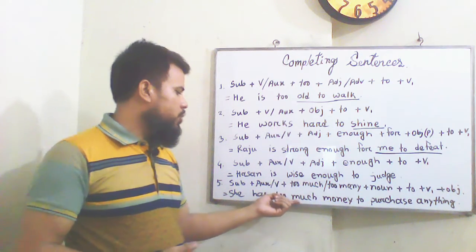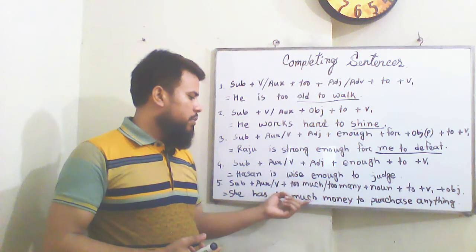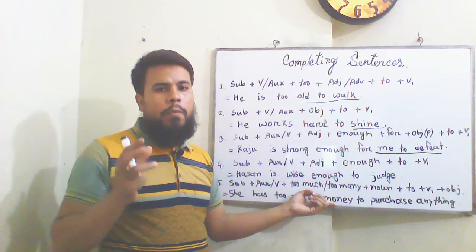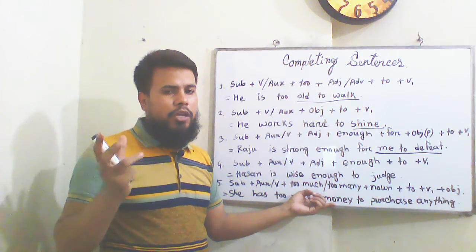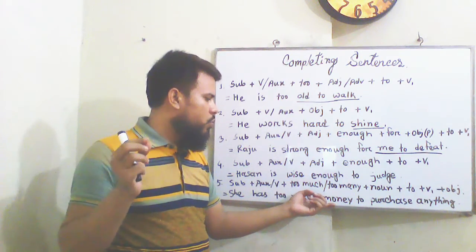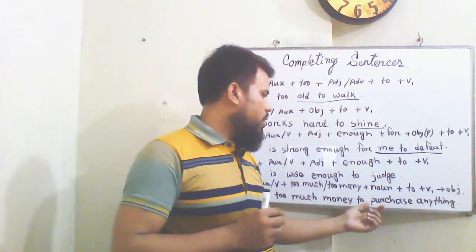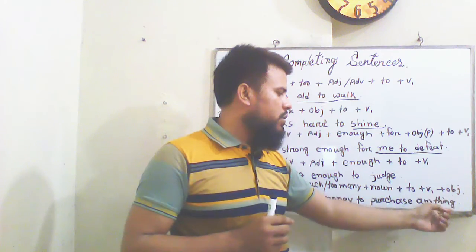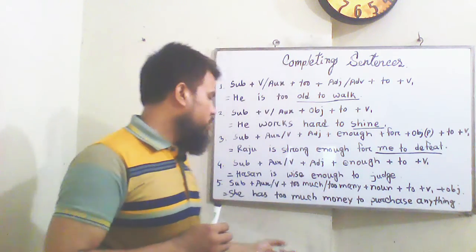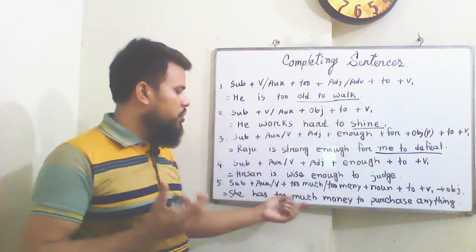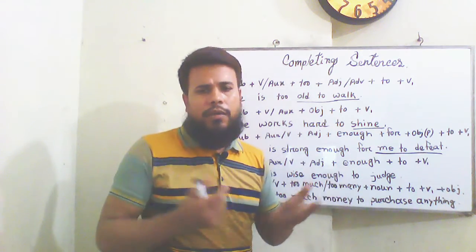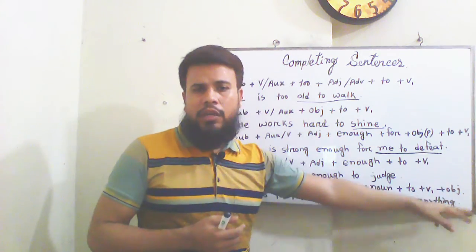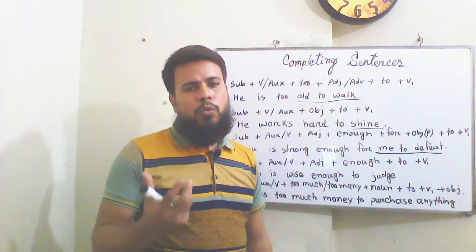I have selected too much. That means money. We don't know how many or how much money. Money is an uncountable word. And then to and verb 1 purchase and an object such as anything. So we can say that she has too much money to purchase anything anytime. Anytime is not here. You can add this word.